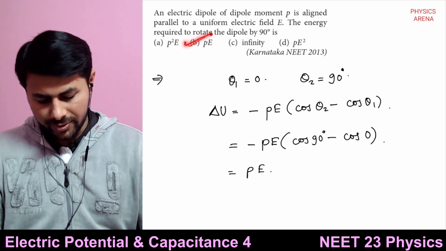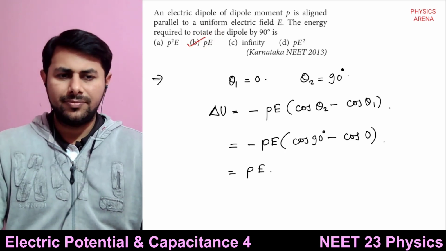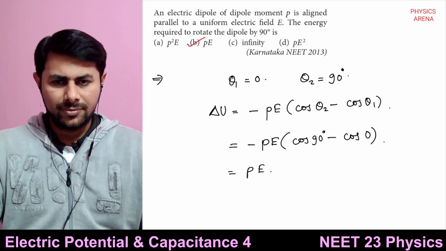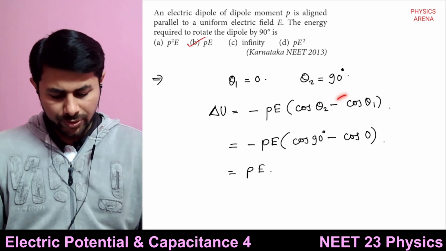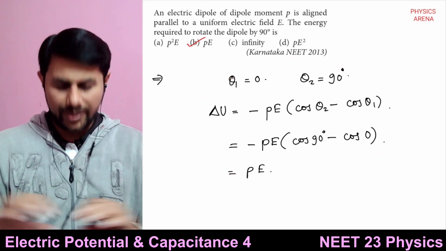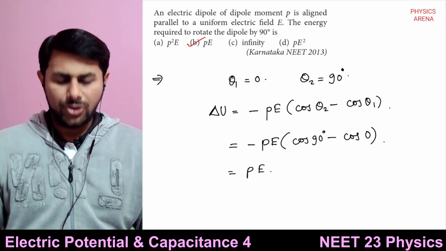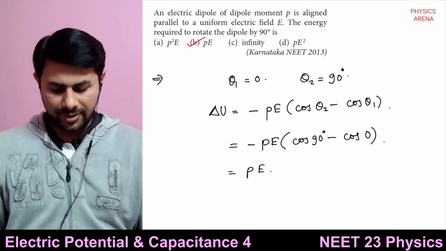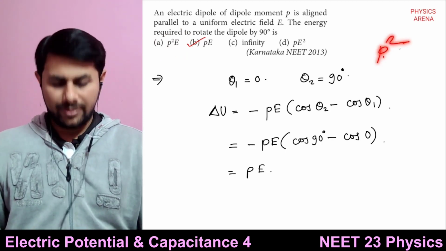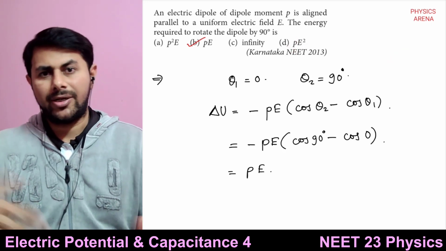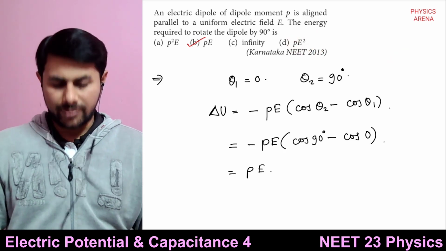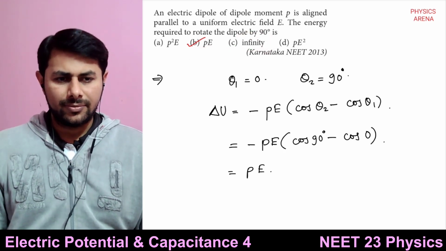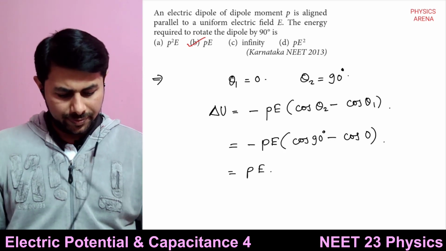So the only possible answer is this one. So you don't even have to solve this. Just by looking at the options, you should be able to guess that it's not possible dimensionally. It will be P multiplied by something. It cannot be P square. It cannot be PE multiplied by another E. Cannot be infinity. So what is left? This option only. Got it? Yes, no?